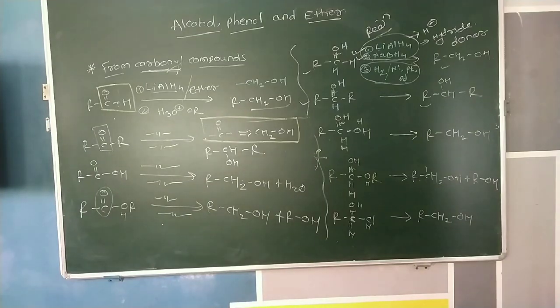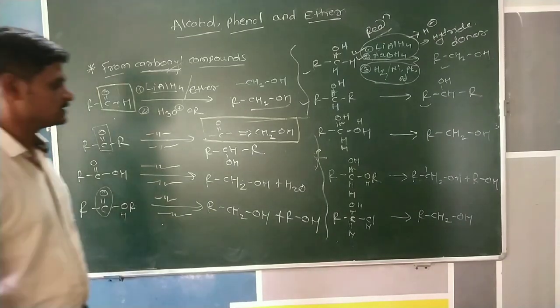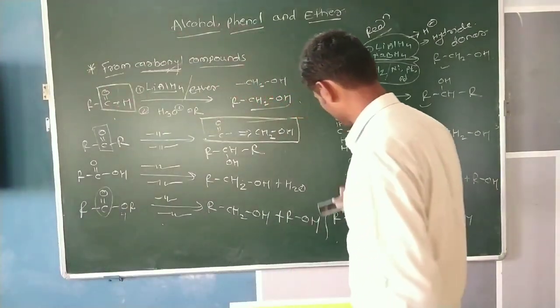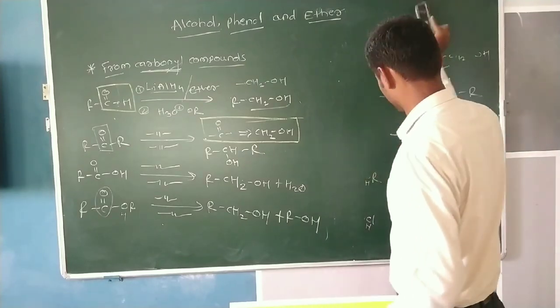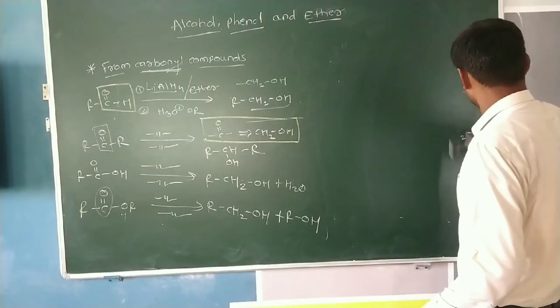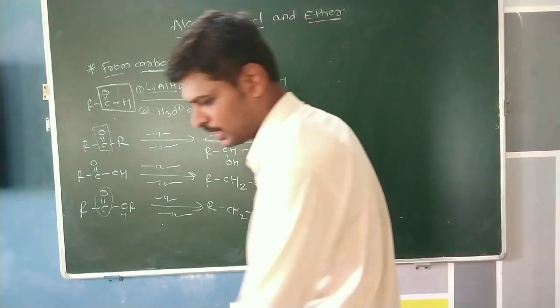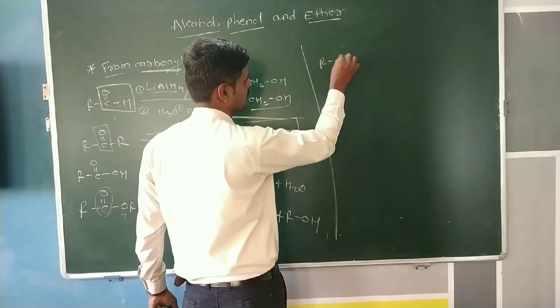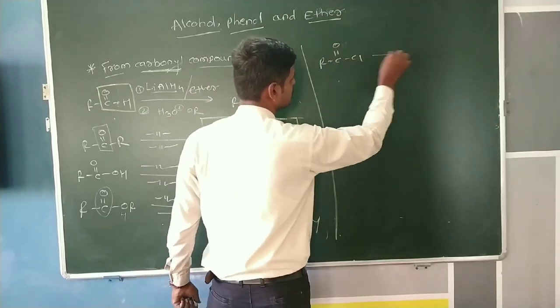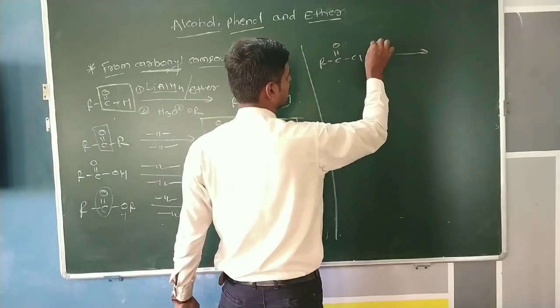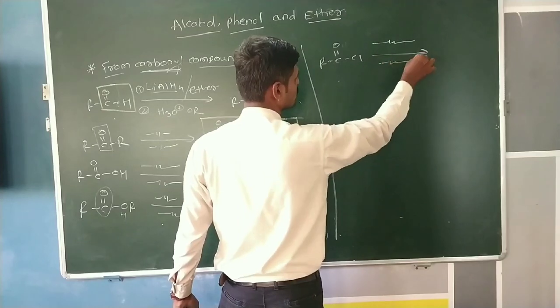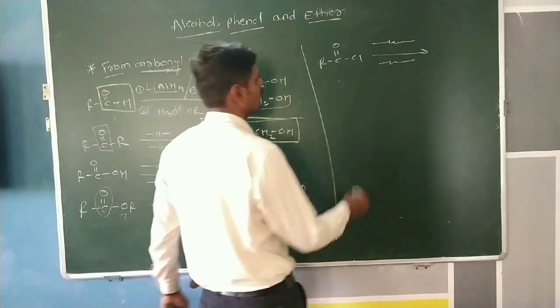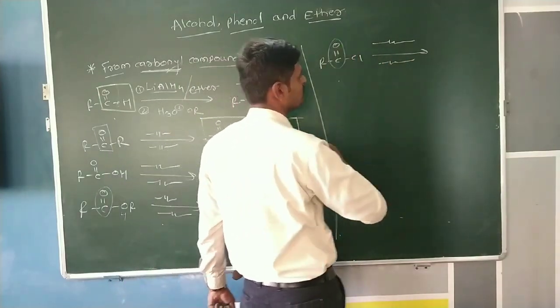Okay. After that, we consider acyl halide, that is RC double bond O Cl. It is reacted with lithium aluminum hydride in the presence of ether. It undergoes acid hydrolysis, then this C double bond O group gets converted into CH2OH.